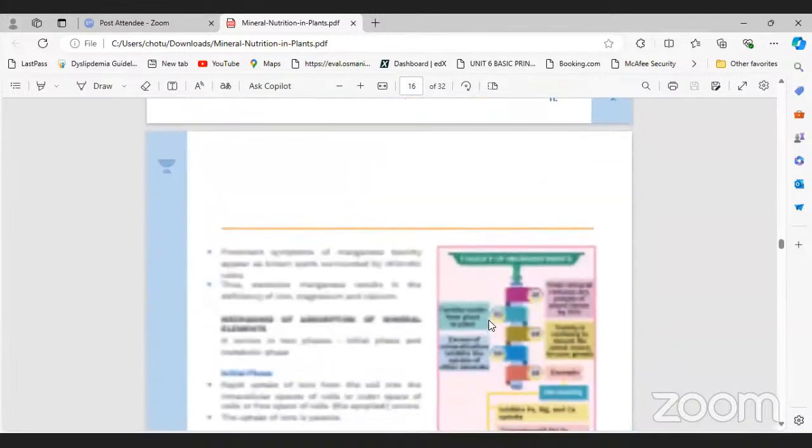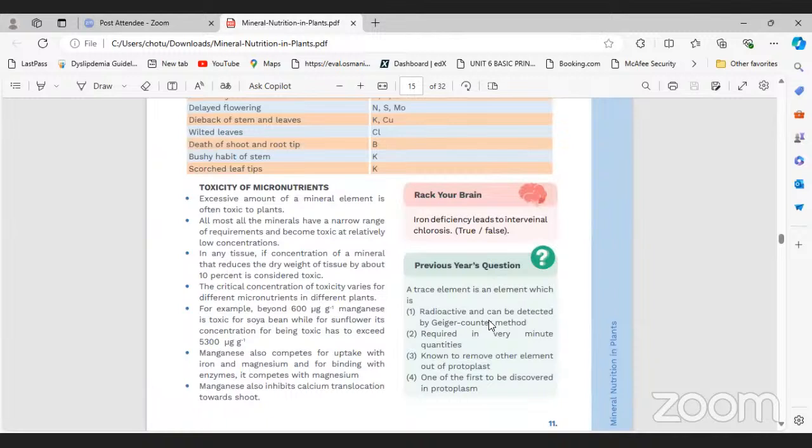What is toxicity? Toxicity of micro elements: an excessive amount of mineral elements is toxic to a plant. Almost all minerals have a narrow range of requirement and become toxic at relatively low concentration.